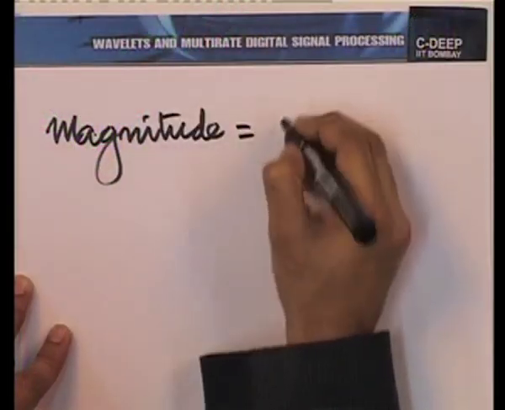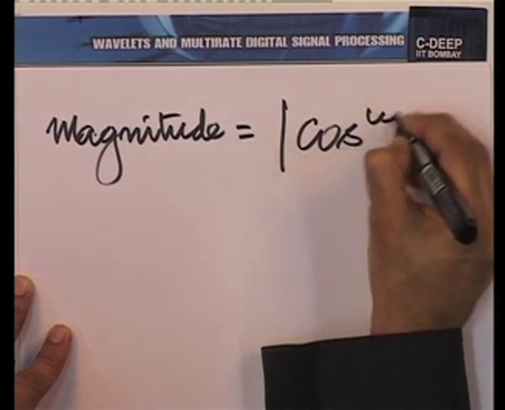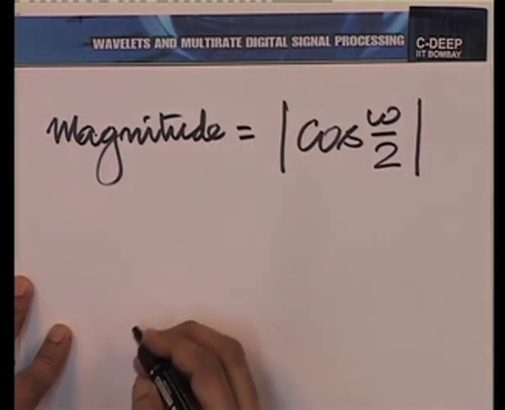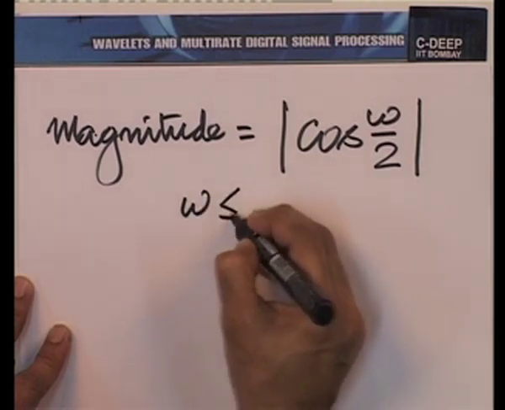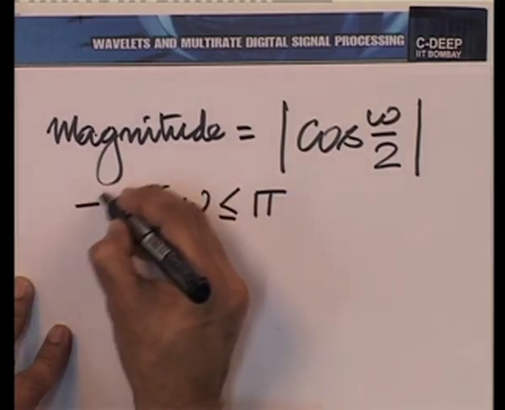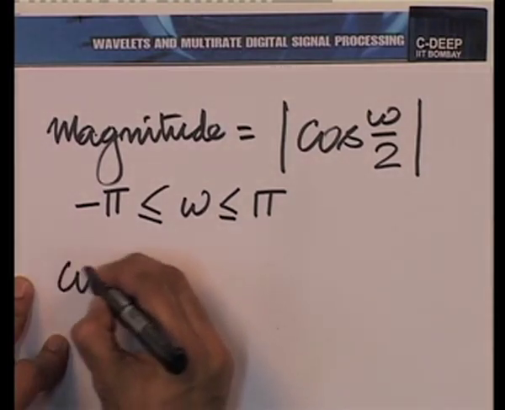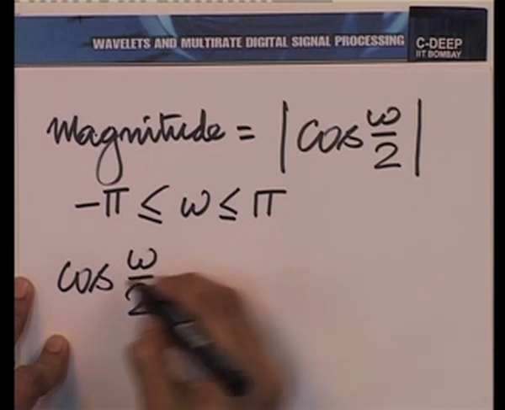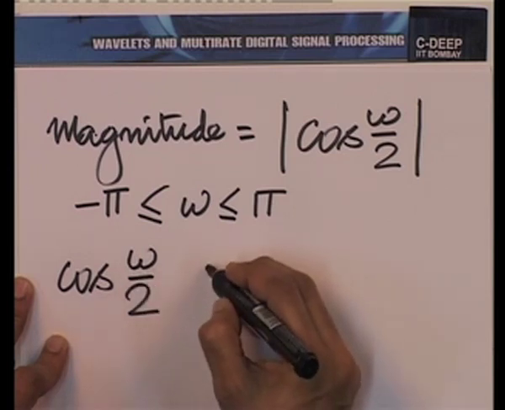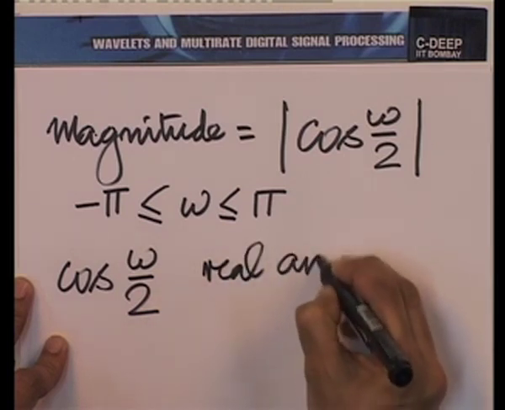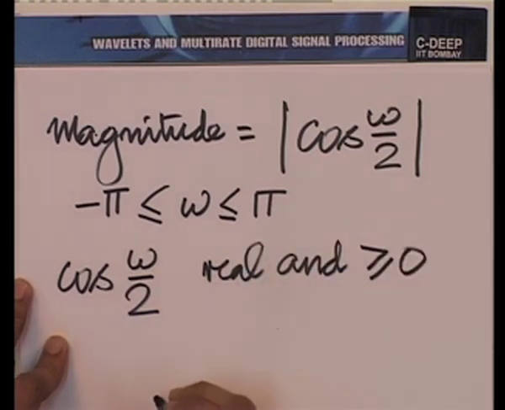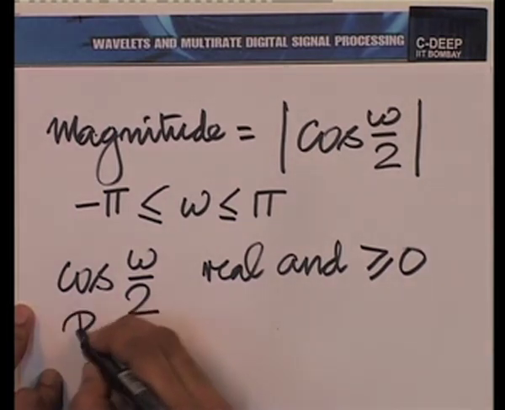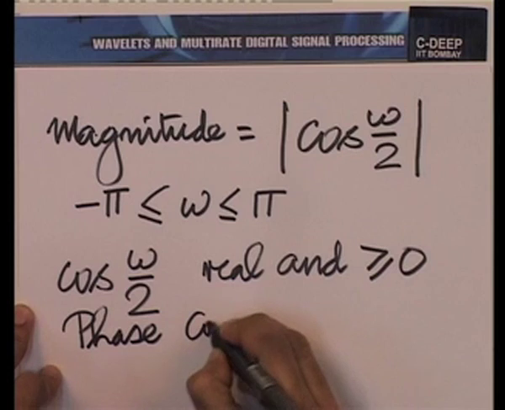So, the magnitude of this response would be mod cos omega by 2. Let us confine ourselves, as I said, to omega between minus pi and pi, whereupon cos omega by 2 is real and greater than or equal to 0 in this region. Thus, the phase contribution from this term is 0.